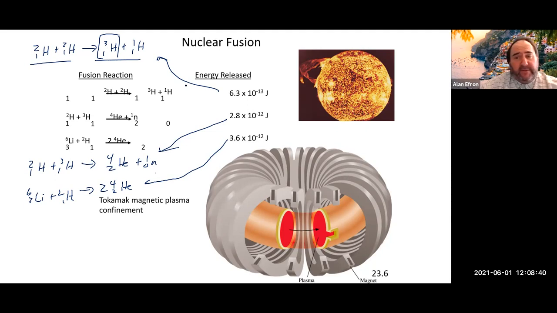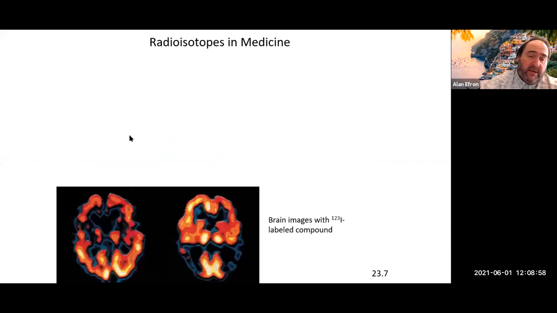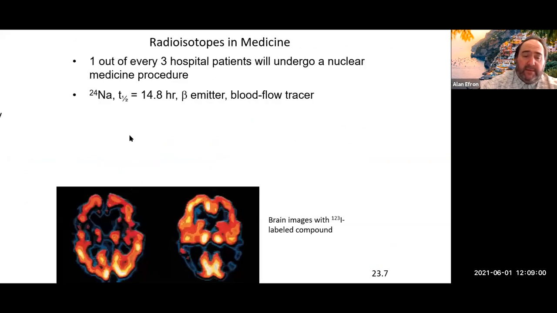And again, fission obviously happens at normal temperatures. Fission is breaking things apart into smaller nuclei, two or more nuclei; fusion is putting two small guys together to make a larger nucleus under very, very high temperatures.